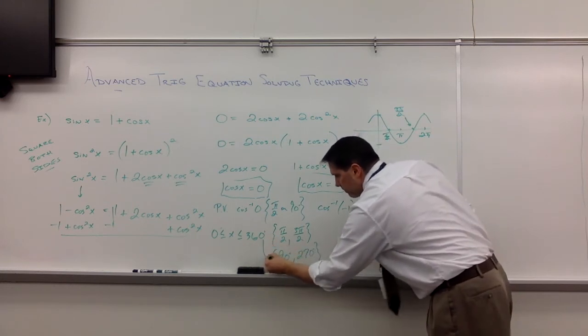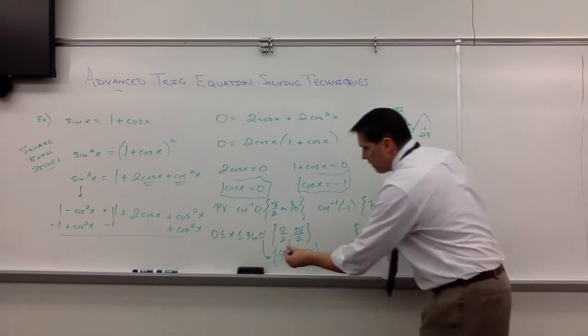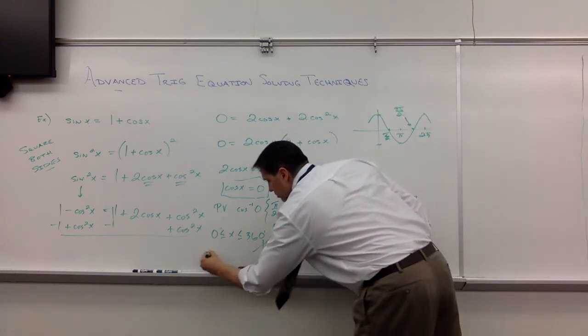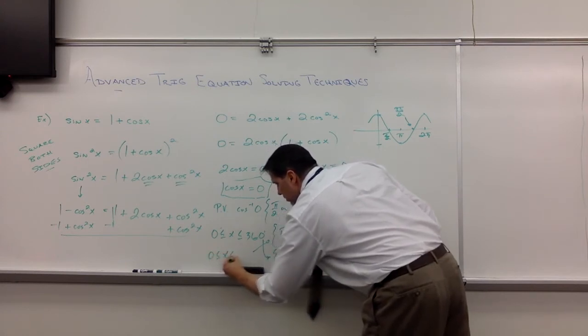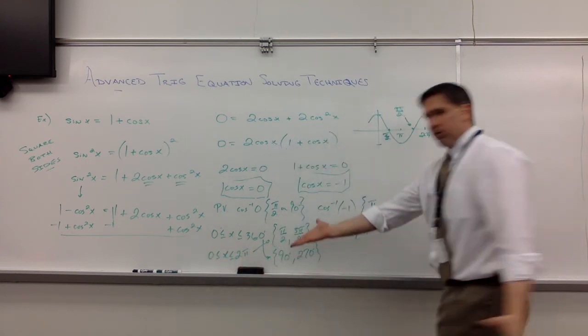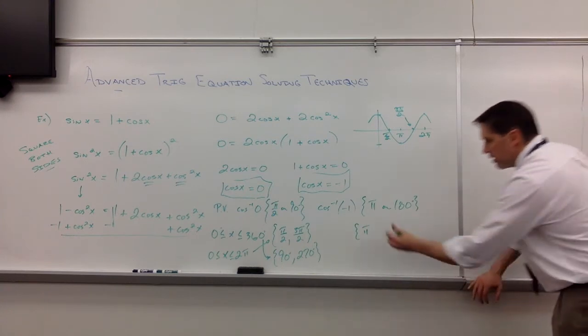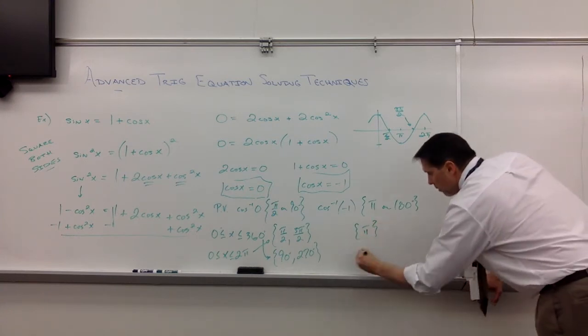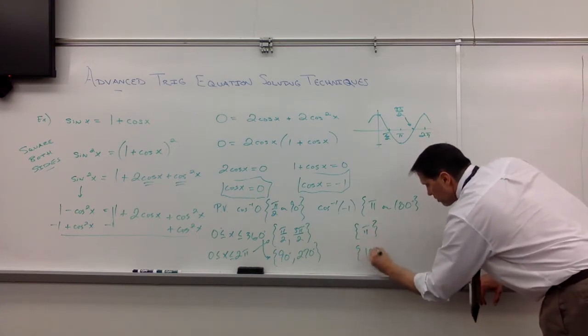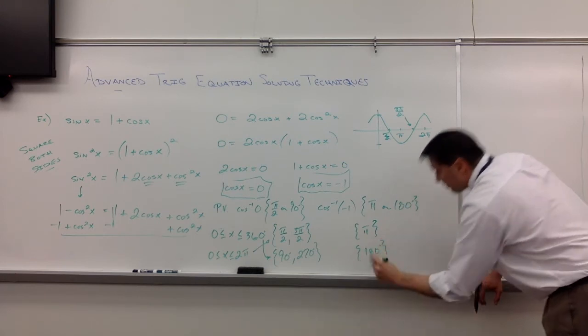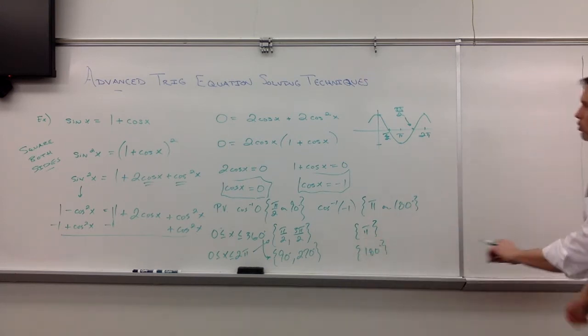Nice job. That's 0 to 360. Obviously, that's 0 less than or equal to x, less than or equal to 2 pi. Please forgive me. All right, we're good. So we're going with pi, or we're going with 180 degrees. Again, 0 to 360, 0 to 2 pi.